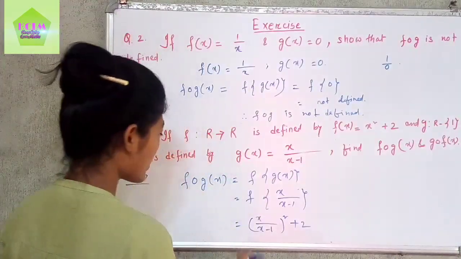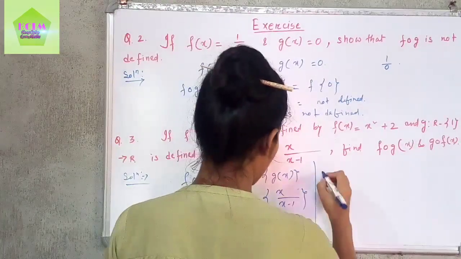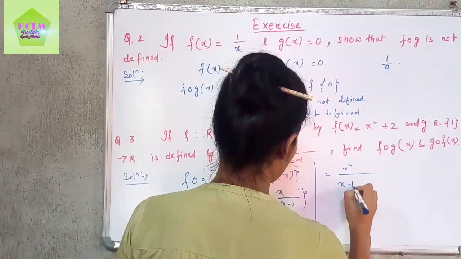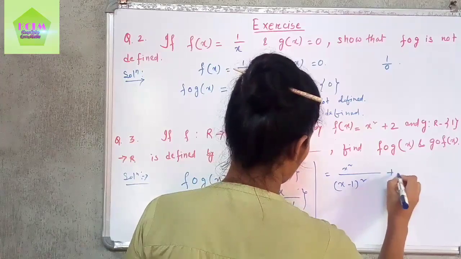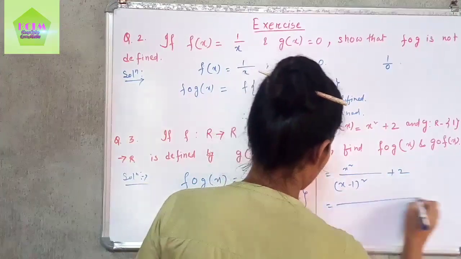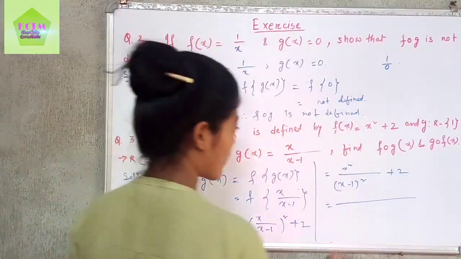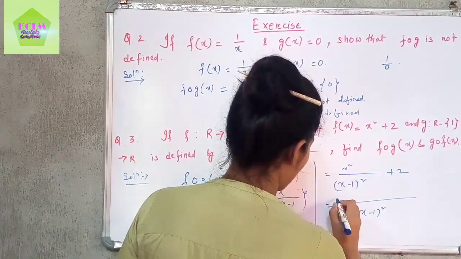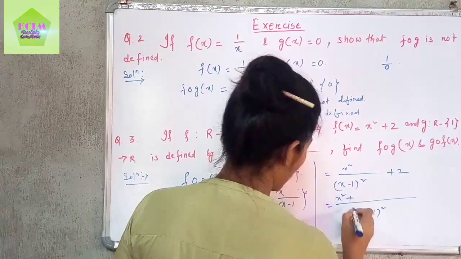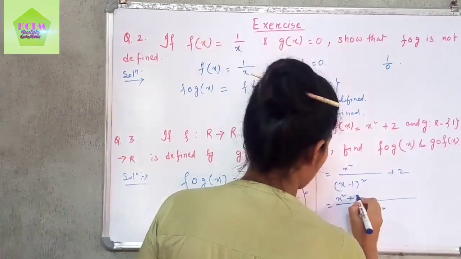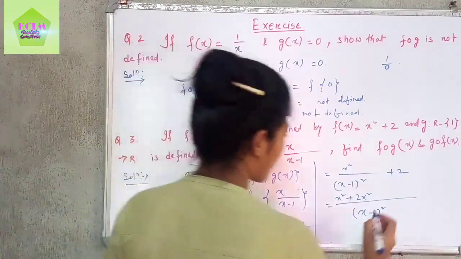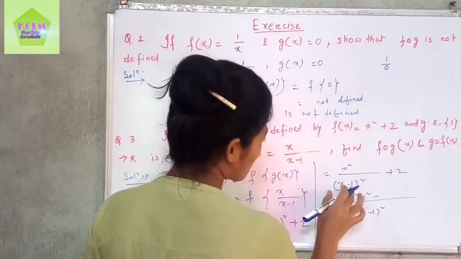Now we simplify this, then get x square by (x minus 1) whole square plus 2. Taking LCM of this, (x minus 1) square, here x square plus 2 into this part, that means 2(x minus 1) whole square.